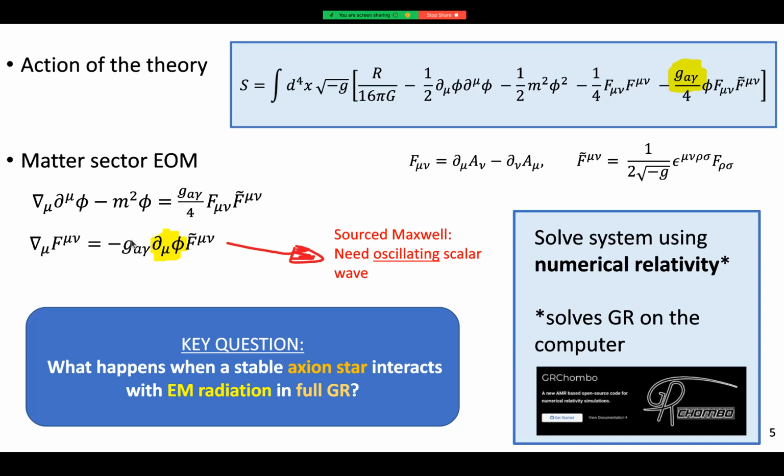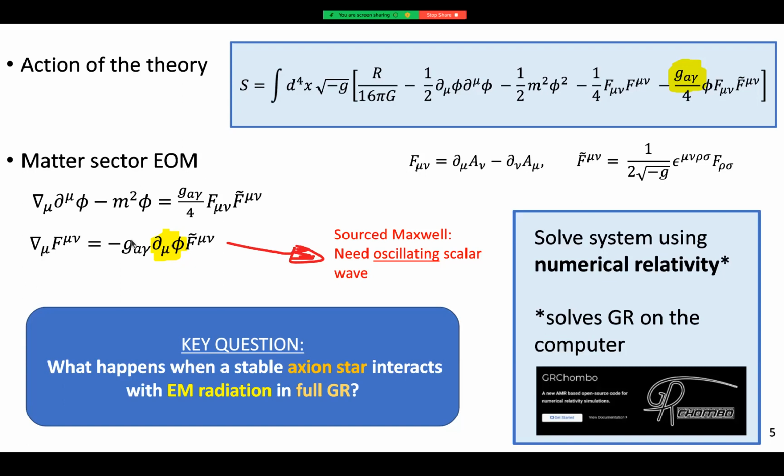And then I start evolving this three-dimensional box in time and see what's happening. And the key question is, what happens when this stable axion star interacts with electromagnetic radiation in full GR? And when I say stable, I mean that if I turn the coupling to zero, so no interaction, the star just keeps being there and nothing happens to it.